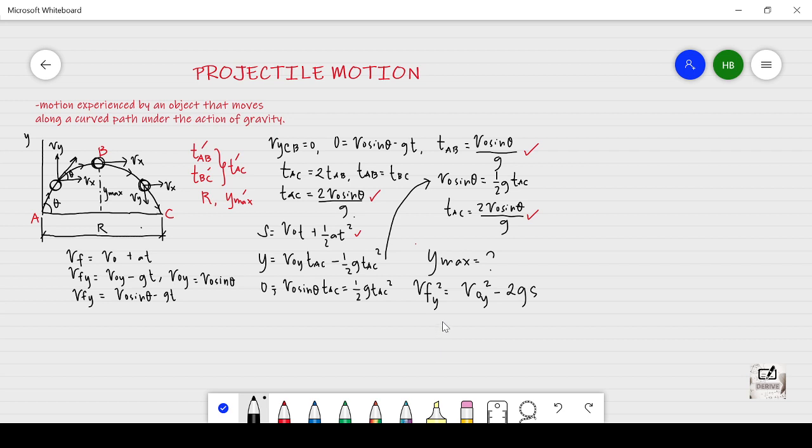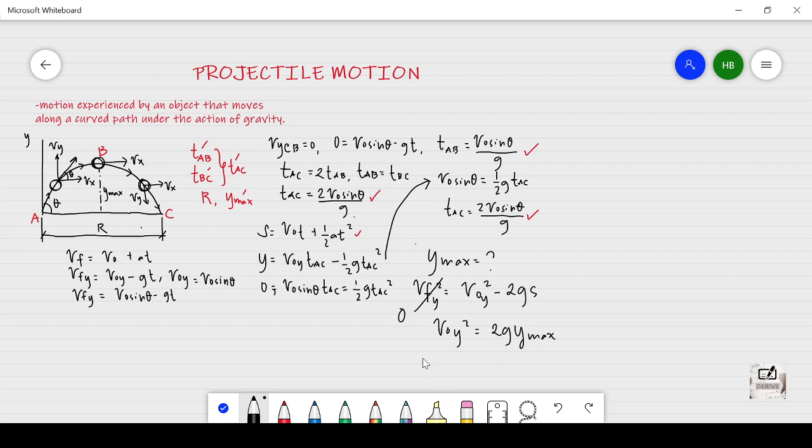Okay, so since Ymax ang tinatanong natin, ang sabi natin kanina, there's no final velocity for the vertical distance at point B. Kasi ang Ymax mo ay nasa point B, so taking this as 0, so Voy squared is equal to 2gs. So I will replace my s by Ymax.